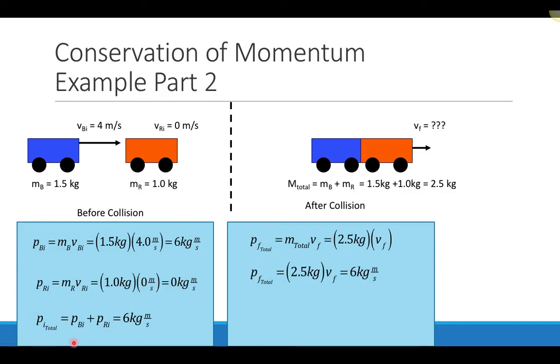So the total momentum that I started with, which was 6, has to equal the total final momentum afterwards. These two carts together have to have a momentum of 6 kilogram meters per second, but that has to equal their mass times their velocity. So I can divide both sides of this expression by 2.5, and I take 6 divided by 2.5, and I get a final speed of 2.4 meters per second. Because they're stuck together, that's the speed of both of the carts after the collision.